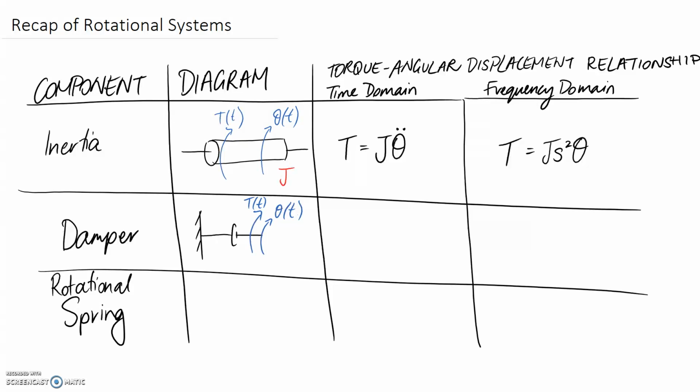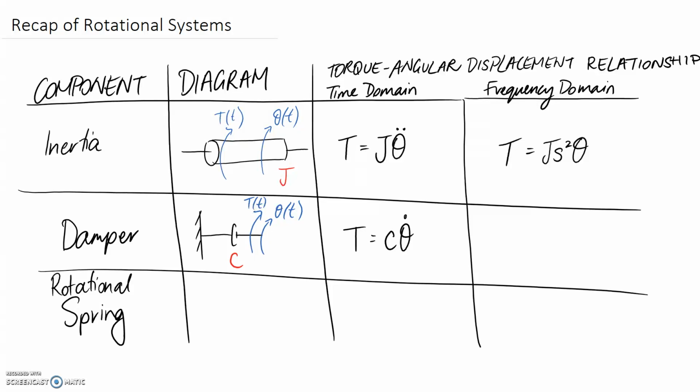I forgot to mention, we need the constant associated with the damper, how strong it is, so I'm going to call it C. This time the torque is proportional to the velocity of our shaft, so theta dot. So the equation is T equals C, the constant, multiplied by theta dot.